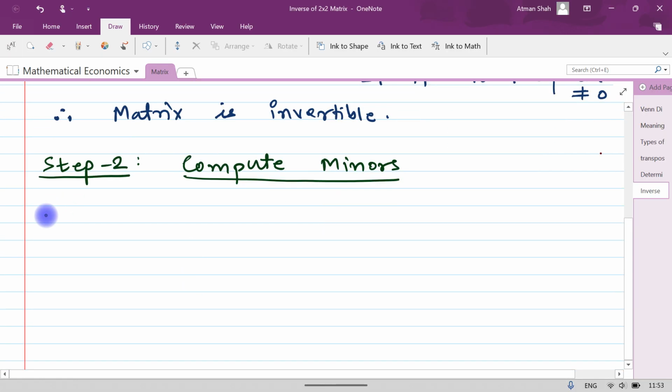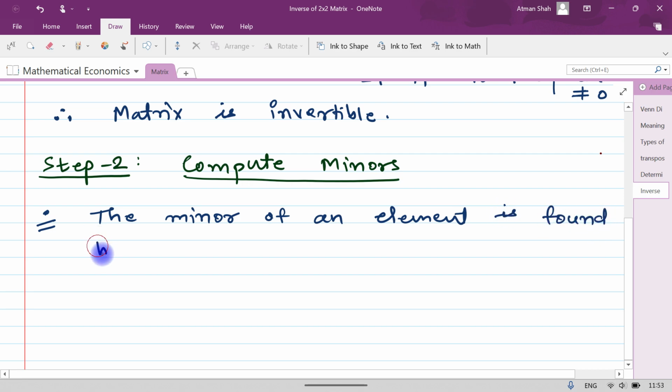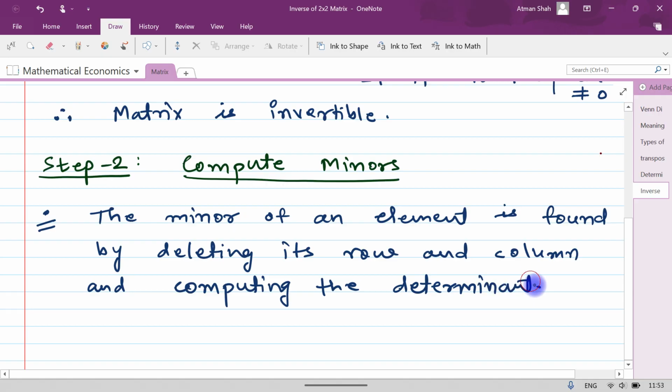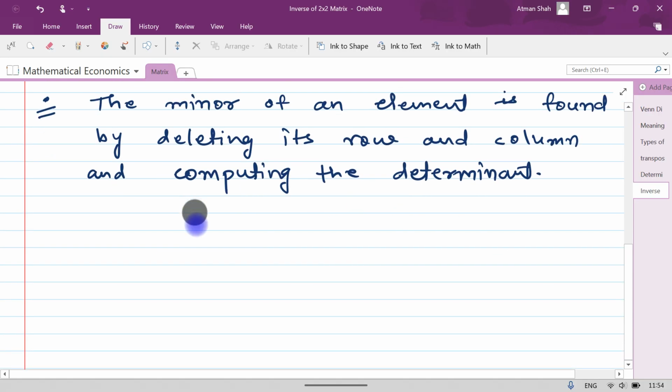The minor of an element is found by deleting its row and column and computing the determinant. So let's understand this for our example.